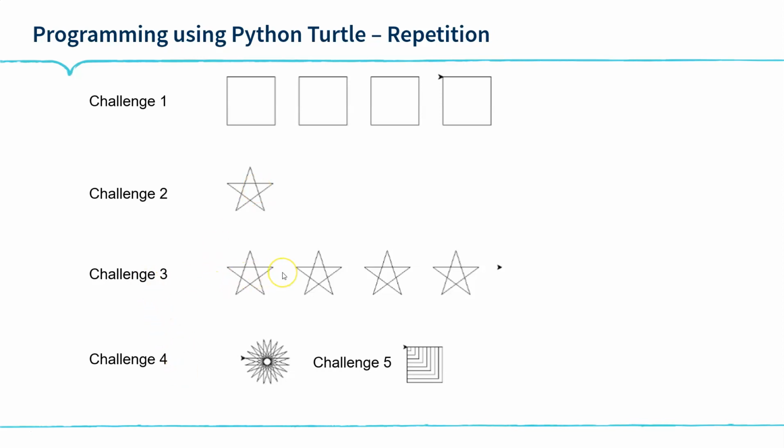The next is to have 4 stars in a row. The fourth challenge will be a bit harder. You're going to have to create this pretty little sun or star that you can see here. And then the fifth, you're going to have to create this pattern where it starts with a smaller square and the square keeps growing and growing and growing.